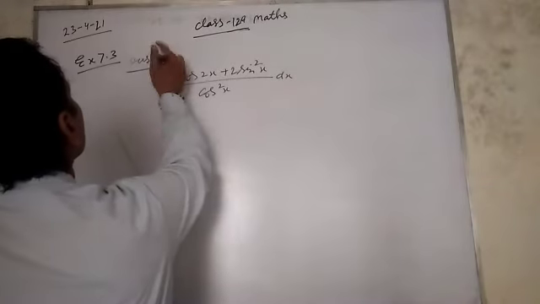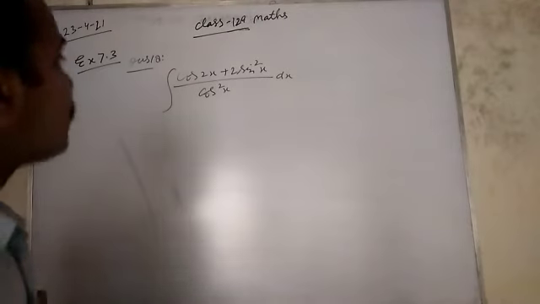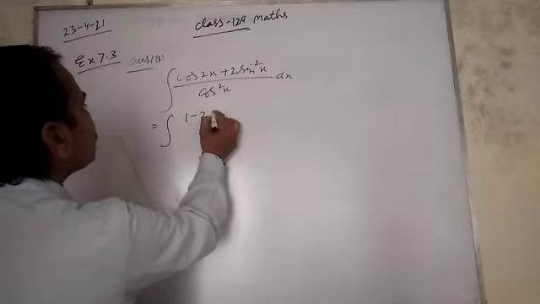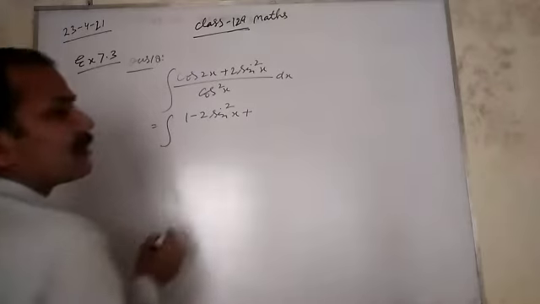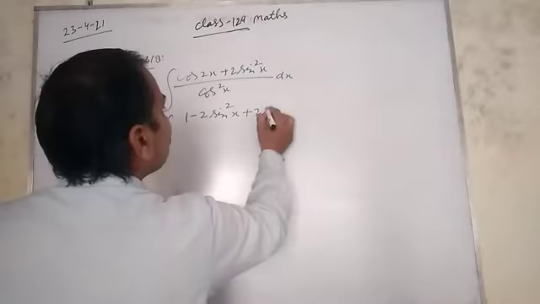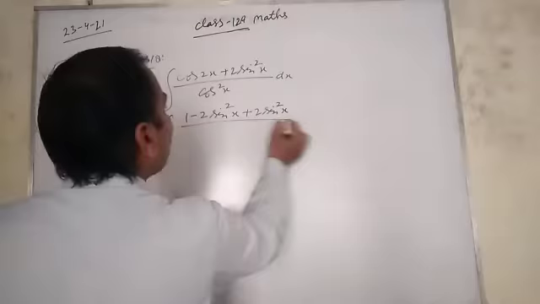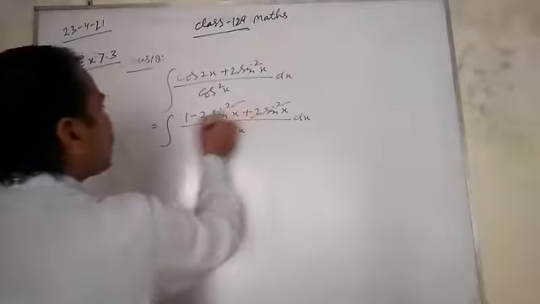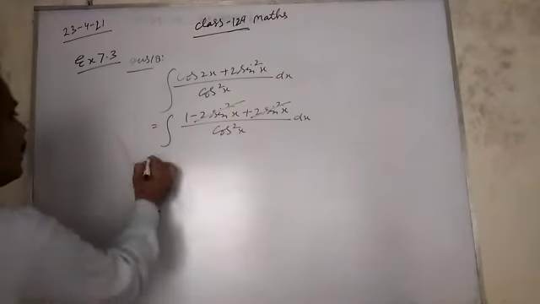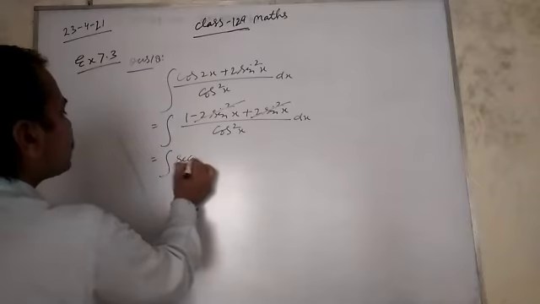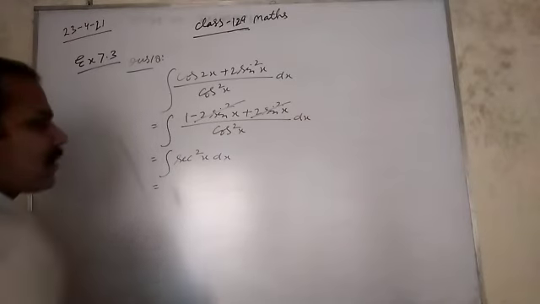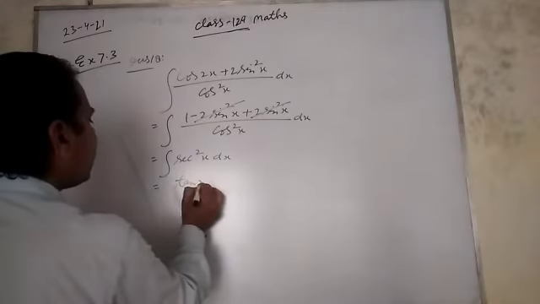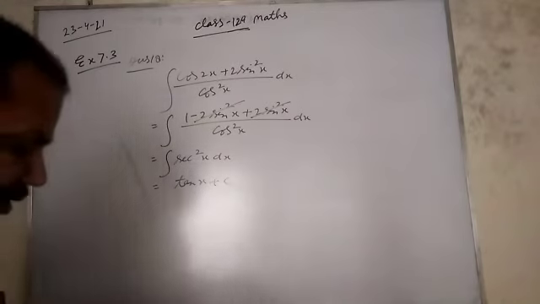So apply the cos 2x formula. Cos 2x we know is 1 minus 2 sin square x, and here it is given plus 2 sin square x, whole upon cos square x dx. So 2 sin square x minus 2 sin square x cancel. So 1 upon cos square x, sec square x dx, and sec square x is the differentiation of tan x. So the integration of sec square x is tan x plus c. This will be the answer.